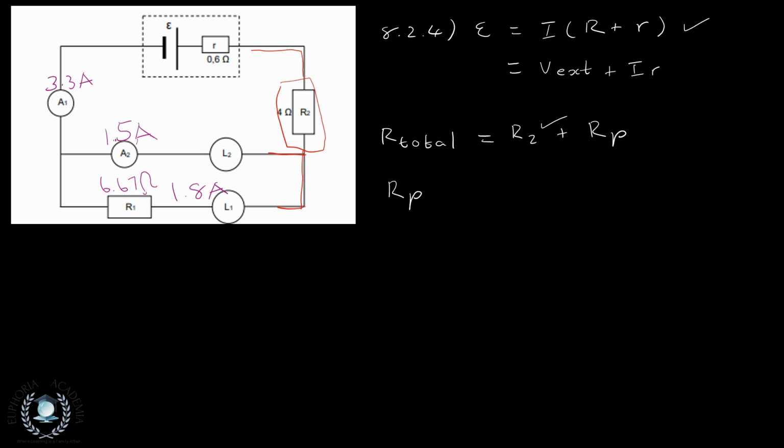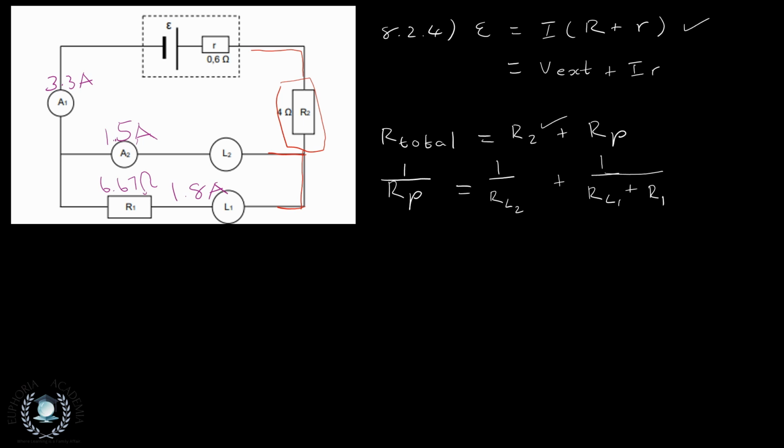Our formula for RP will be 1 over RP equals 1 over RL2 plus 1 over RL1, sorry, L1, plus our R1 resistance.